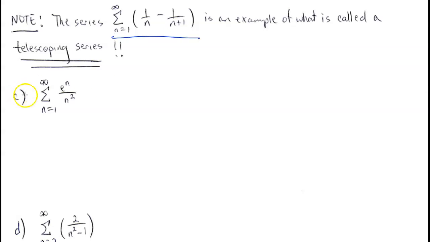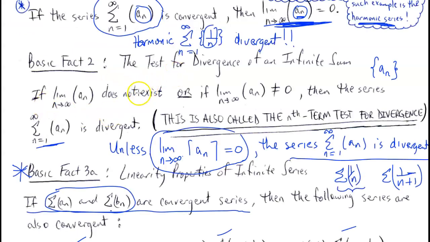So the first thing we need to realize here is we can simply look at a series and start off by using the nth term test for divergence. The nth term test, or theorem for divergence, is actually basic fact number 2.